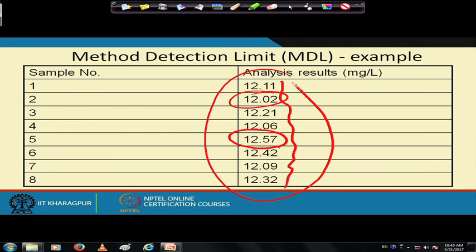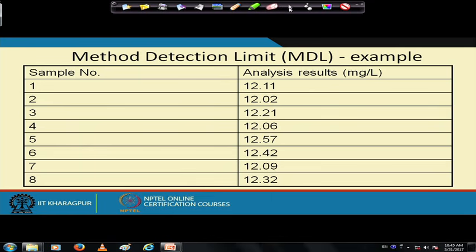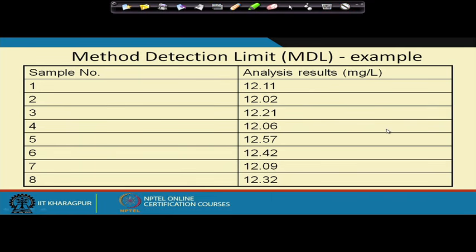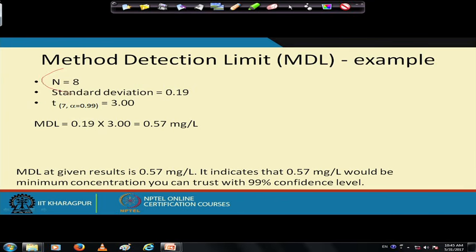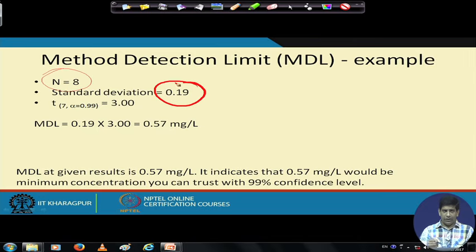So now what do we do with these numbers? After these 8 replicates, we use the equation we were looking at in the previous slide, where now n is equal to 8. We can calculate the standard deviation. I encourage you to check these numbers, so don't just trust me, I may also make some mistakes.